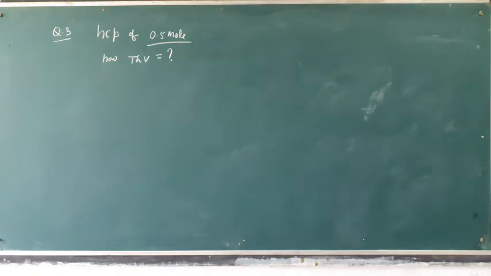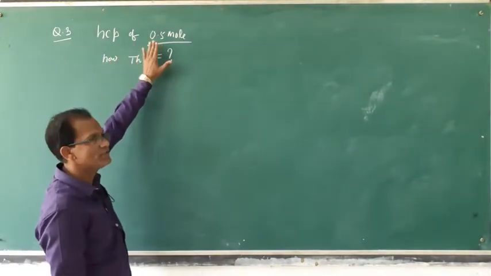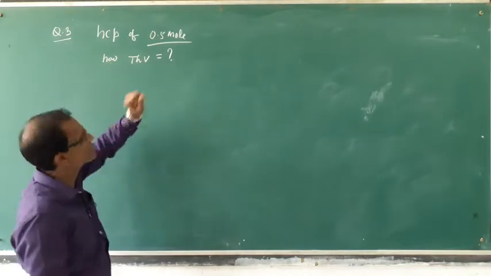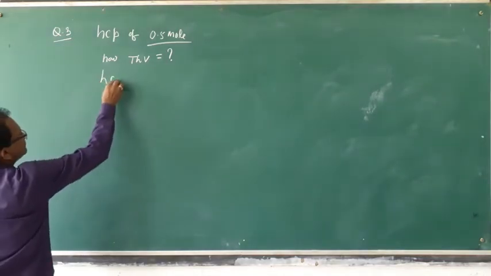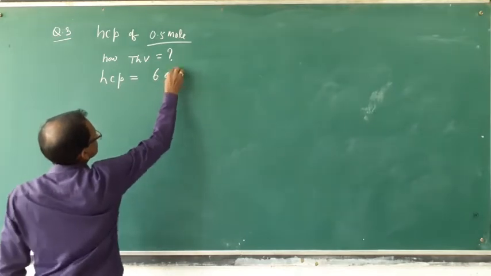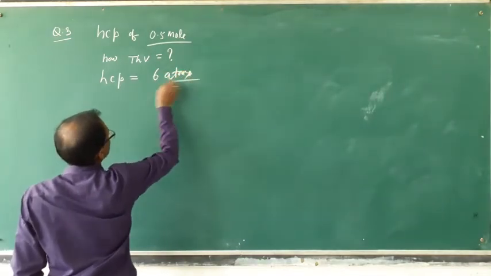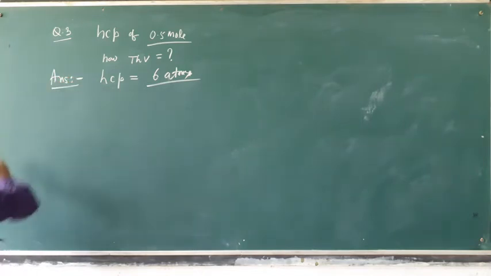HCP crystal of 0.5 mole. Amount of substance given is 0.5 mole. How many tetrahedral voids are available? But we know HCP means 6 atoms. Okay?